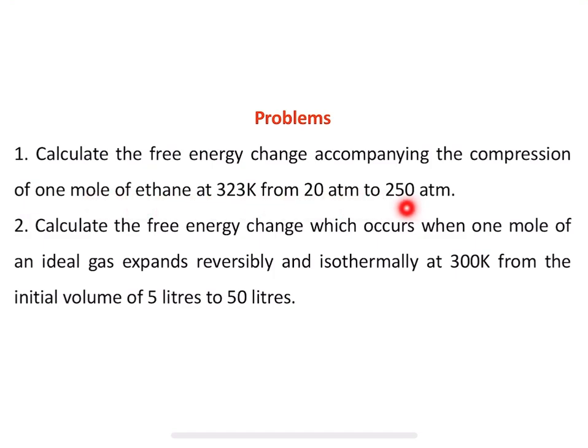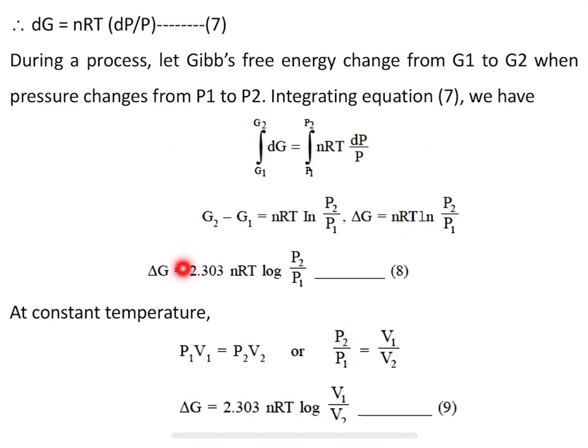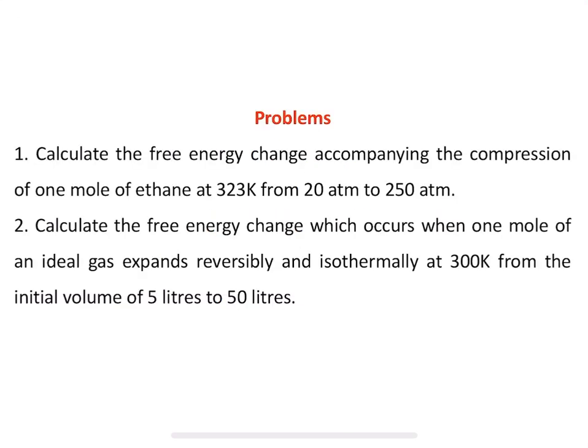Substitute all the values: n is 1, R is 8.314, T is 323 Kelvin, P2 is 250 and P1 is 20. Substitute all these values and we calculate the free energy change accompanying the compression of 1 mole of ethane at 323 Kelvin from 20 to 250 atmospheric pressure.